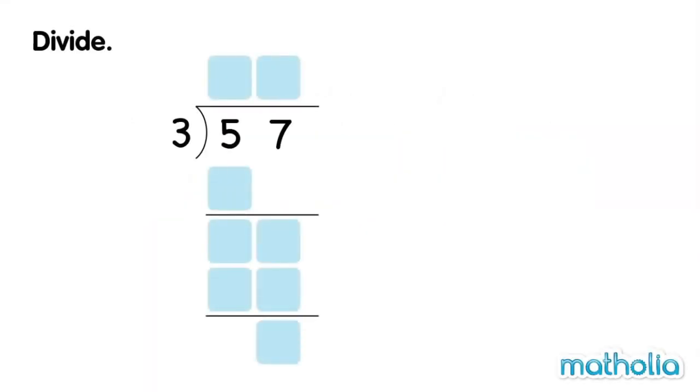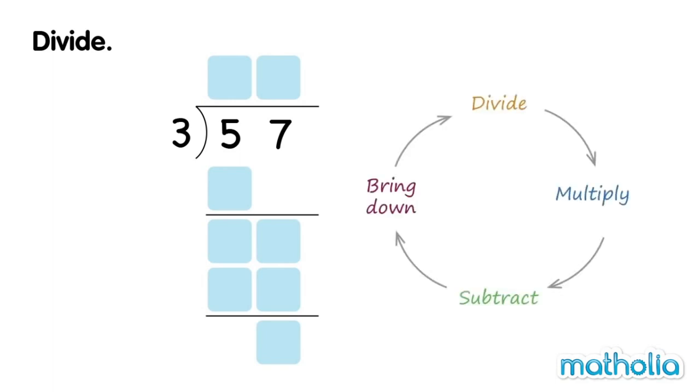Divide. Let's find 57 divide 3. When dividing in columns, we go through steps of dividing, multiplying, subtracting, and bringing down. In the first step, we divide.